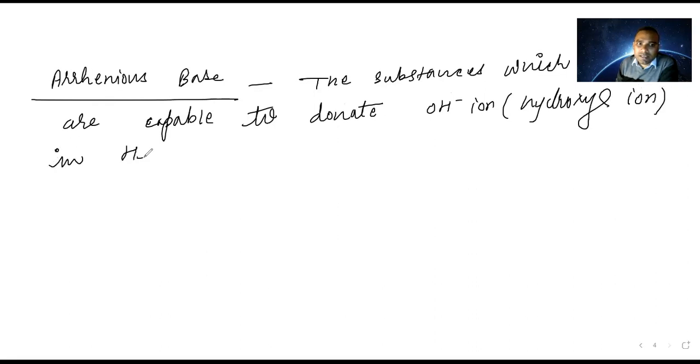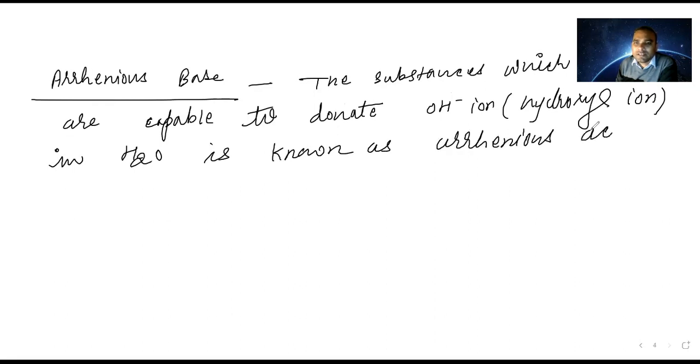The condition here is in water. That is known as an Arrhenius base. So if it donates H plus ion, it is an acid; OH minus ion, that is going to be the base.